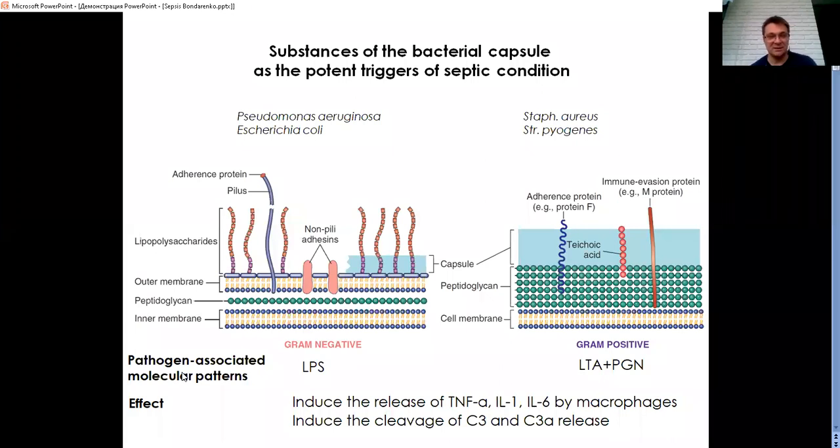And then the bacteria, no matter gram-negative or gram-positive, encounter our immune system. Our immune system is irritated by the external components of the bacterial wall, and this irritation finally leads to the triggering of inflammation. You remember the inflammatory reaction, acute inflammation, for sure in this case.